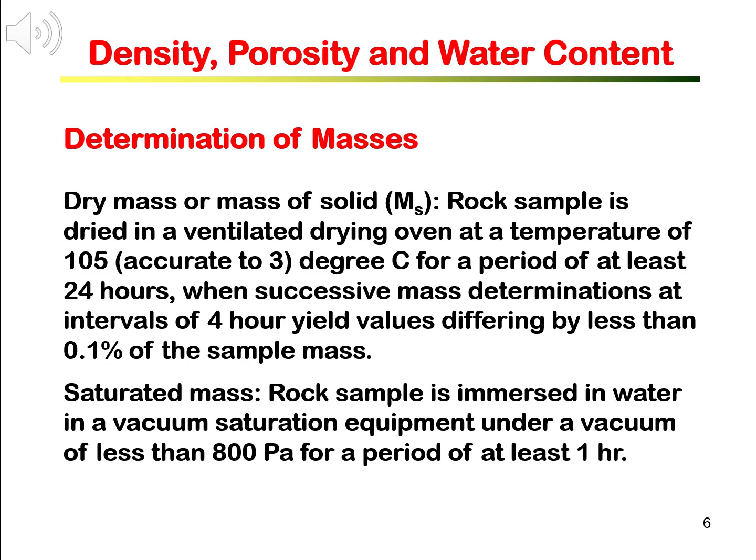Again, we need to measure a few times to make sure that the mass becomes constant and the rock is completely saturated. The mass measured then is the saturated mass.